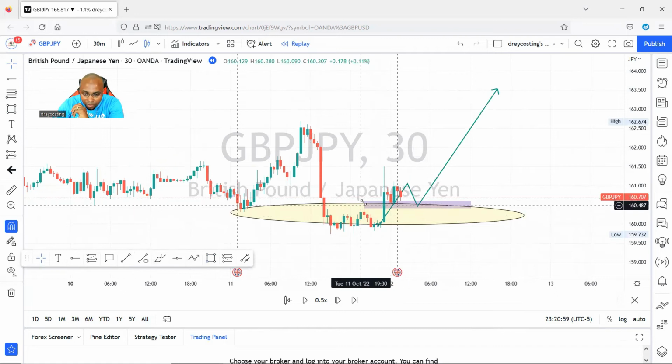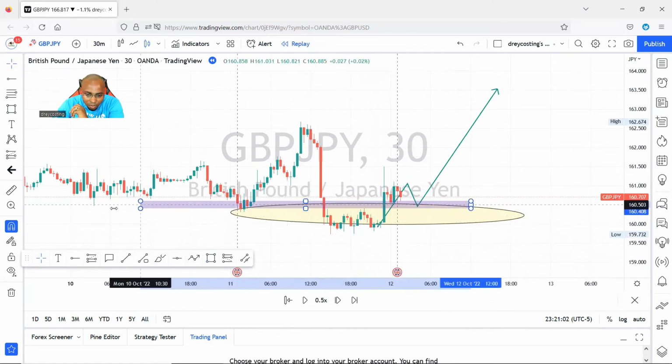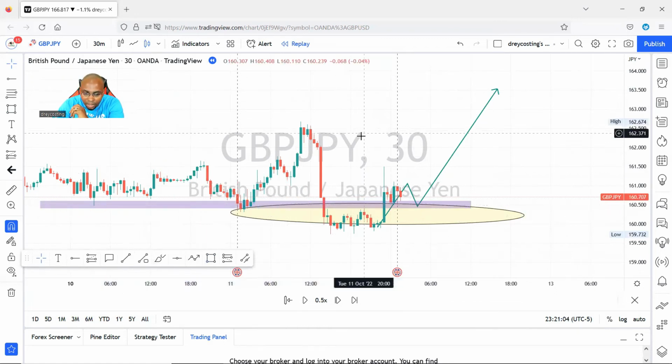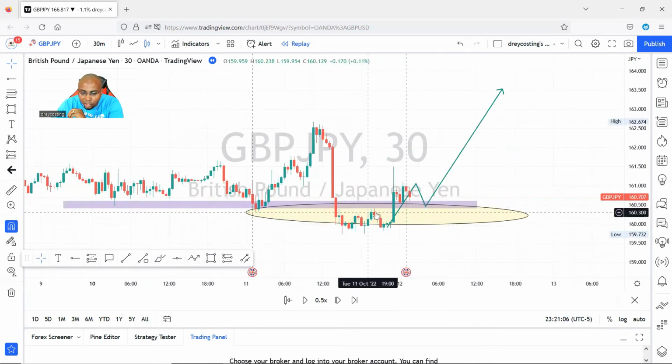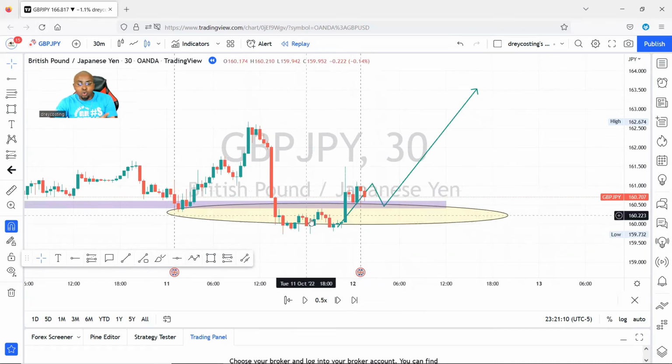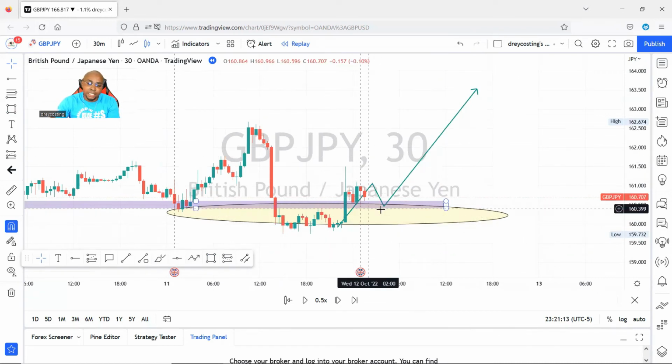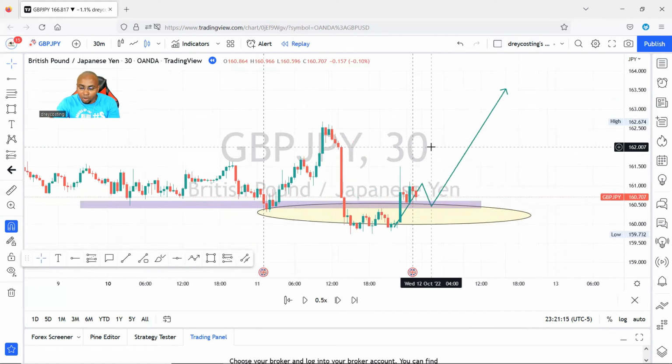So we can even bring this all the way across here so you can see what I'm talking about. Simple as this. So this was previous resistance right here, which is a roof. So old roof becomes new floor, respecting, and it's just looking to continue up, right?